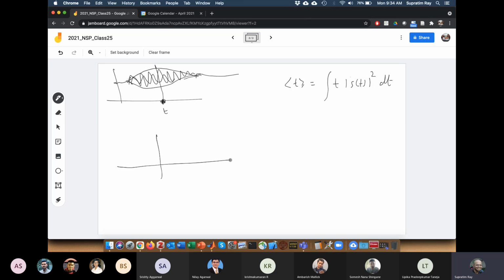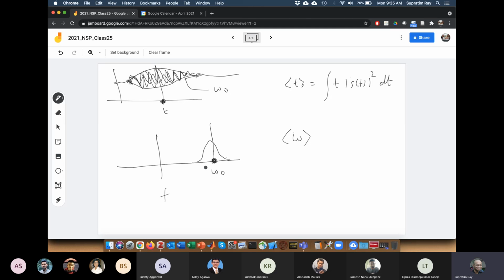When I do this in the frequency domain, the Fourier transform, now this is frequency domain, and suppose this Gaussian has a frequency of omega naught, so it's omega naught here. When I want to compute the mean of this distribution, I ought to get this value, correct?